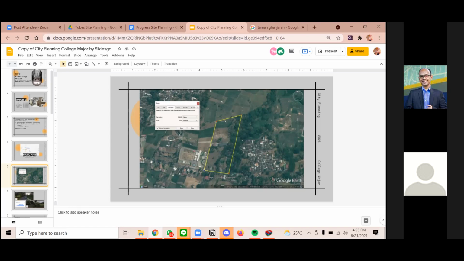So other than the contour maps and the land use maps, you should also identify the facilities that are available around your site. Are there any educational facilities? Are there any other recreational facilities other than Ganjaran?